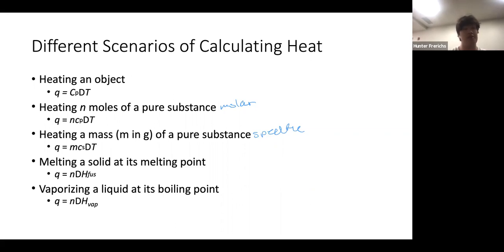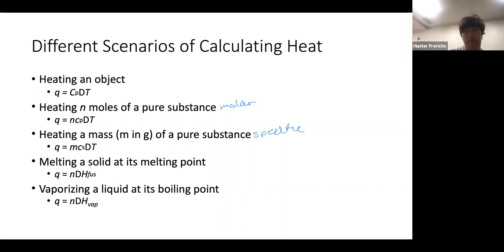For vaporizing a liquid at its boiling point, it's Q equals n delta H of vaporization. If you want to go backwards, like a liquid to a solid, freezing, or a gas to a liquid, condensation, you just put a negative sign in front of it.